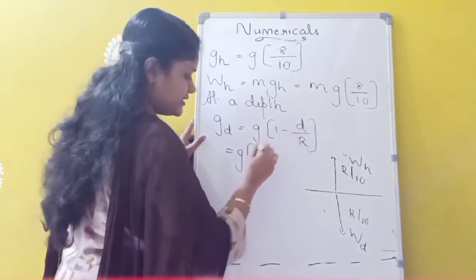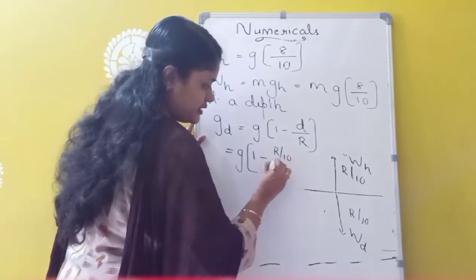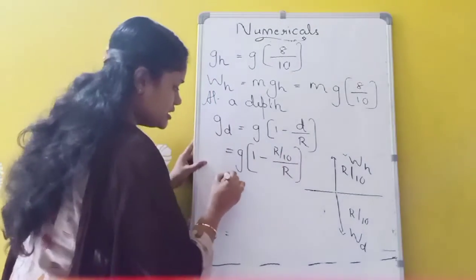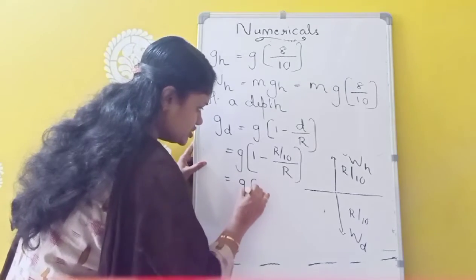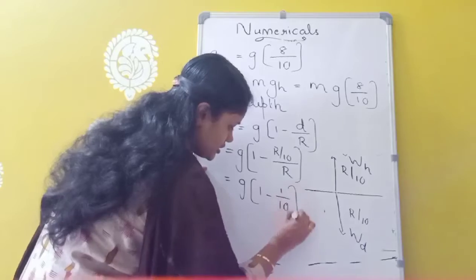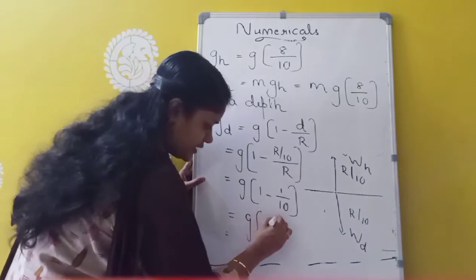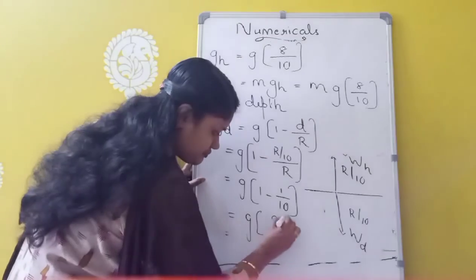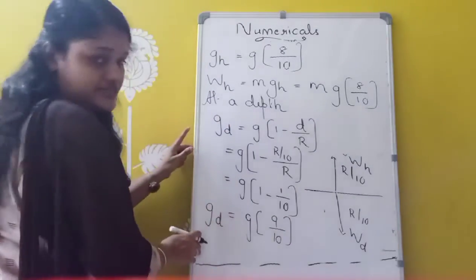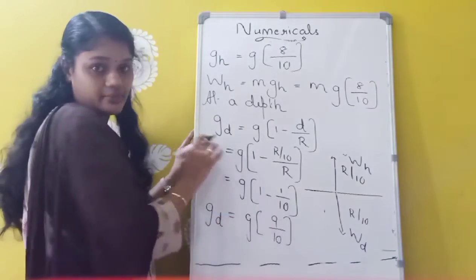So instead of d I can put R by 10 divided by R. Now this R and R will cancel. So remaining will be g into 1 minus 1 by 10, or we can write g into 10 minus 1 is 9, so 9 by 10. So this is g_d. That is, acceleration due to gravity at a depth is given as g into 9 by 10.